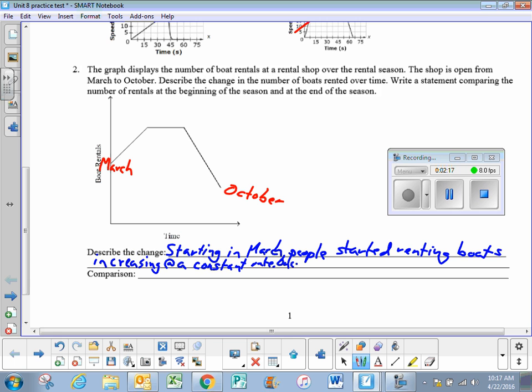Once summer hit, I would say it stayed at a steady rate, or they continued to rent at a steady rate. I'm going to put that, I like that better. They continued to rent boats at a steady rate. The steady is going to be like this, right? They continued to rent boats at a steady rate.